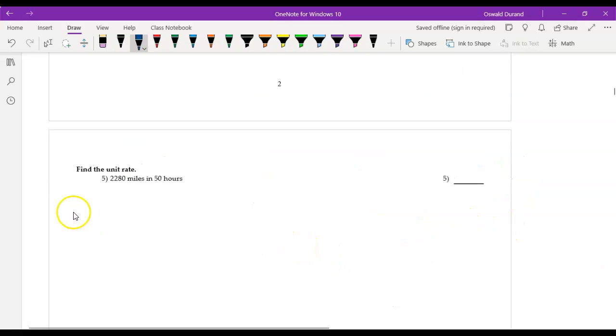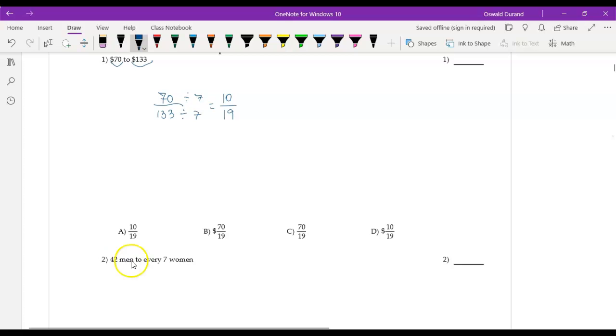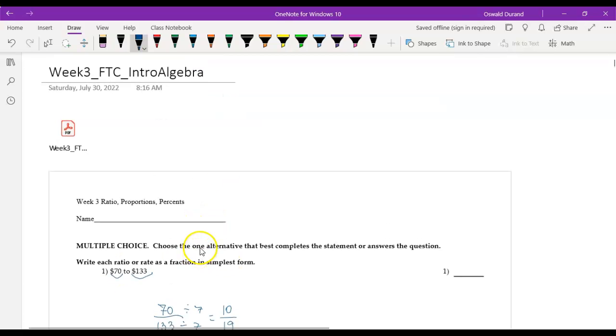All right, so what do we have here? Find the unit rate, right? So rates. So now we have rates, right? So meaning we have different units now. And before we had units that were the same, man to man, dollars to dollars, and so on.